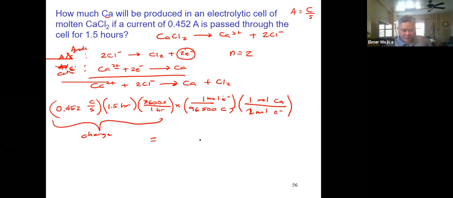We can now have here the moles of calcium, right? And if you do the operation here, the coulombs cancel, the seconds cancel, the mole of e cancels, so the one that's left is the mole of calcium, and that would be equal to what?